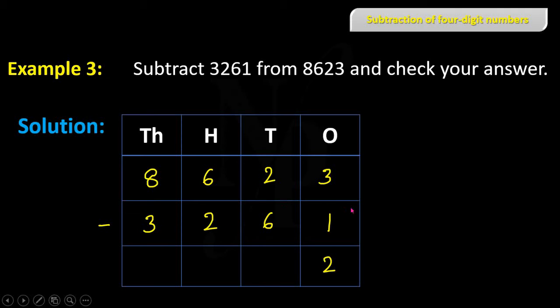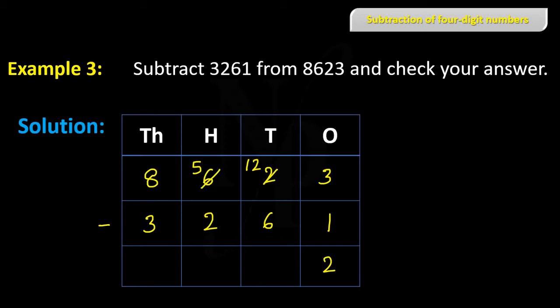So now this 6 hundreds can be written as 500 plus 100. 100 will be borrowed to the tens column. So now this becomes 5 hundreds, and this 2 tens become now 12.